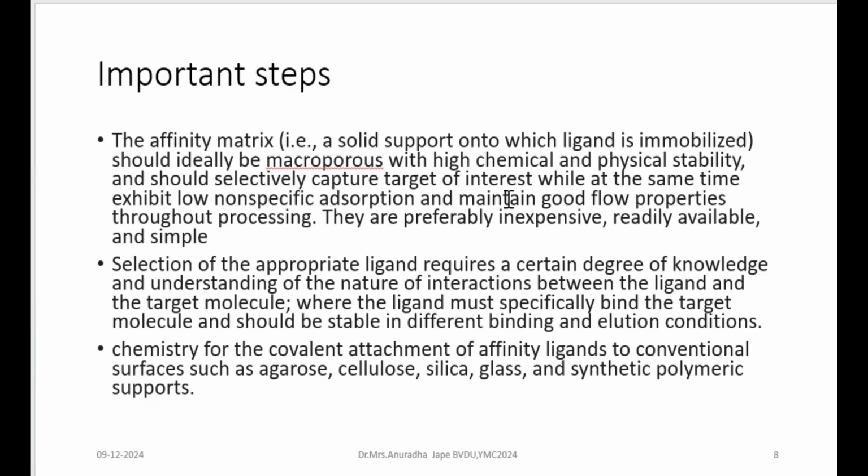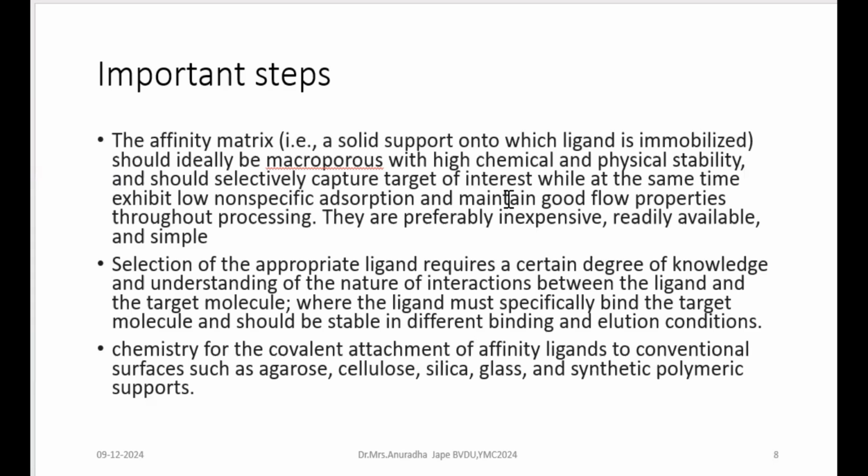And of course, another thing is, it's not only support and binding of the ligand onto it and then binding of the analyte onto it, but elution also. Whatever kind of elution buffers, the ionic environment that you are going to provide, at that time also it should remain stable. If the ligand undergoes changes and comes out of the support matrix, again it will be a challenge to purify your analyte, right? So it should be stable under elution conditions also.